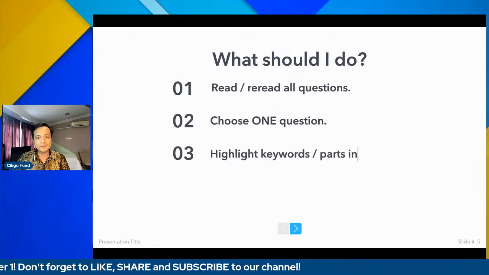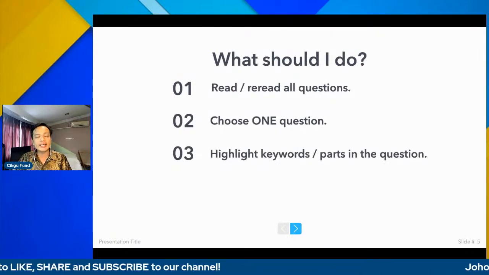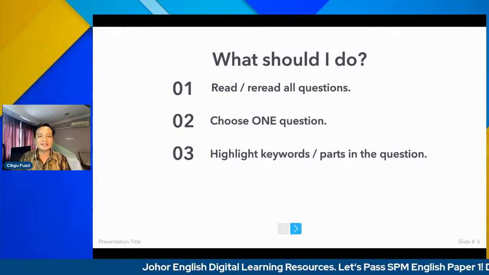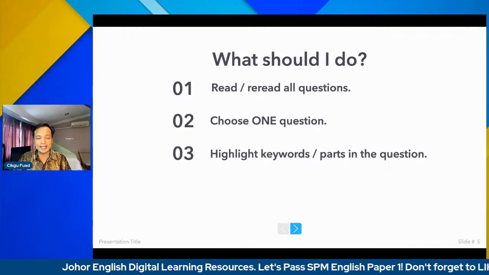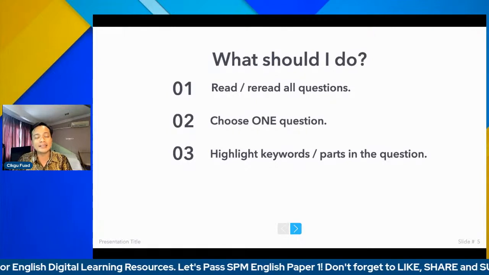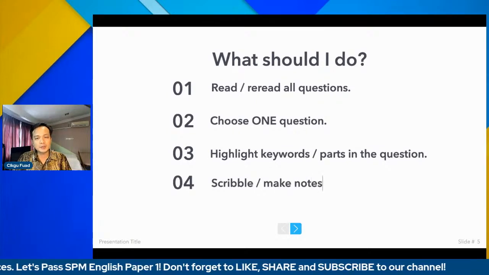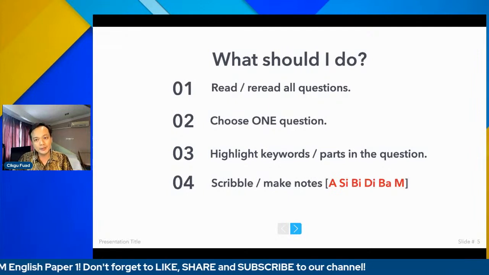Okay, number 3, you need to highlight the keywords and also the parts in the questions. In this session, I will show you which words or which sentences or phrases you need to highlight and also number the parts in the question. And number 4, you need to scribble or make notes.